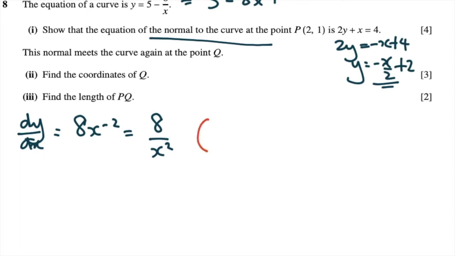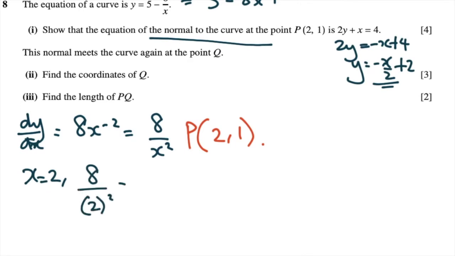And given that P is (2, 1), so sub x equals 2 to find the gradient, so it's 8 over 4 and the gradient is positive 2. So this is the tangent gradient.